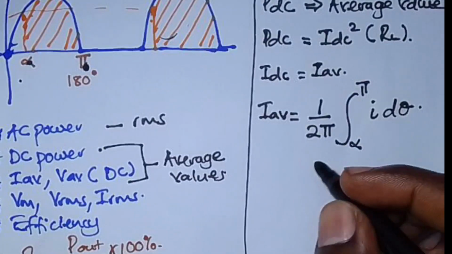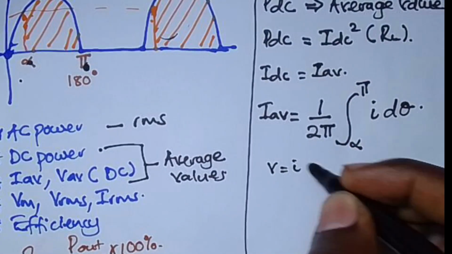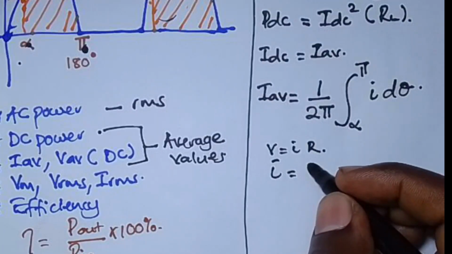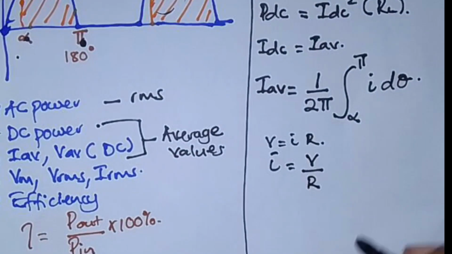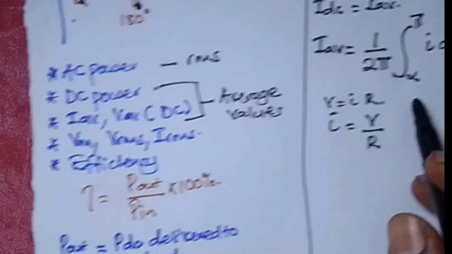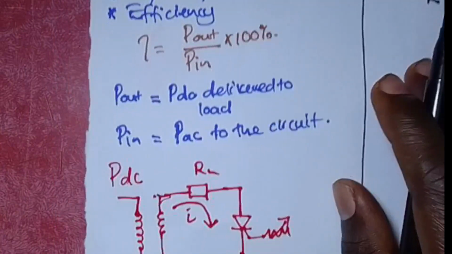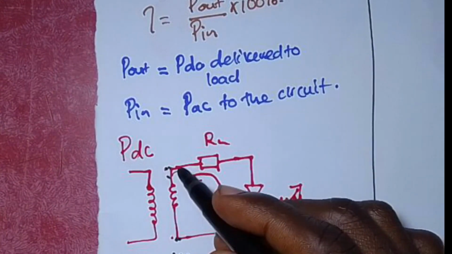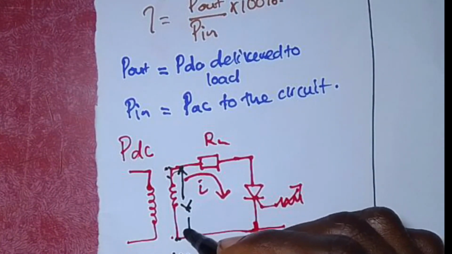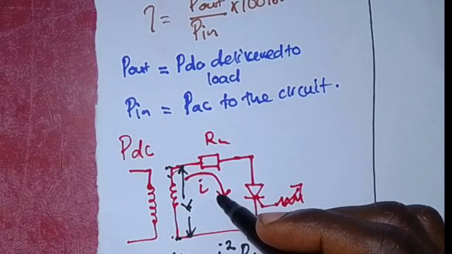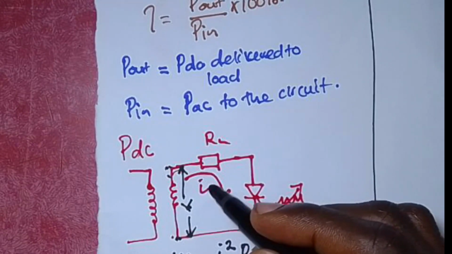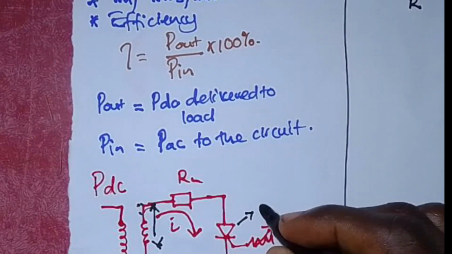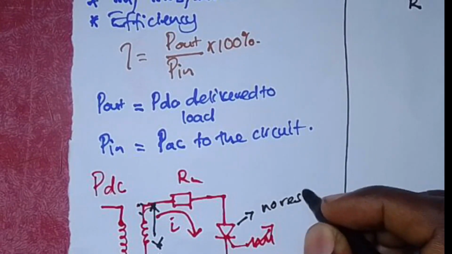But remember that from V equals I R, that means our I is also going to be equal to V over R. If the voltage across here is V and the current flowing here is I, therefore the current I will be equal to V over R. We are assuming that this has no resistance.